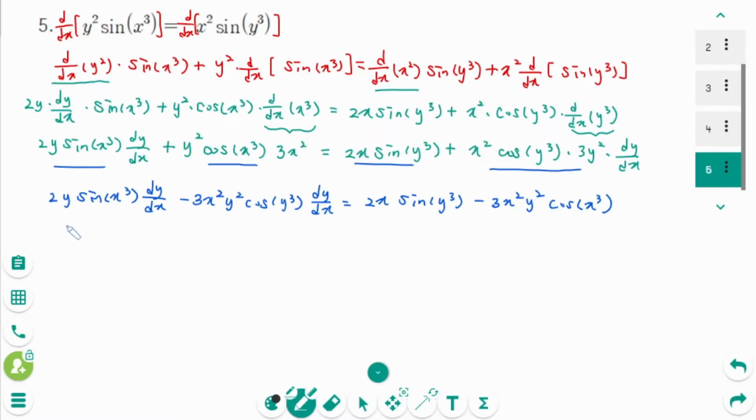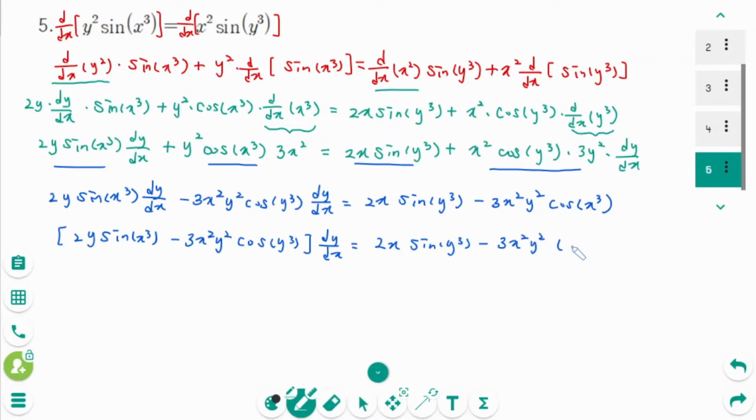Then we can factor: 2y sine x cubed minus 3x squared y squared cosine y cubed times dy/dx equals, keep the right side, 2x sine y cubed minus 3x squared y squared cosine x cubed.